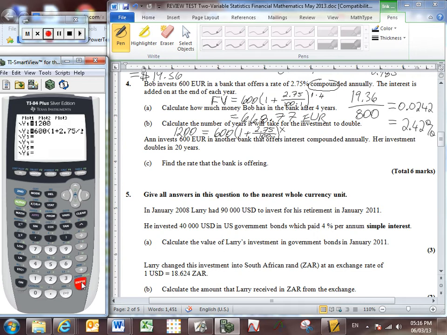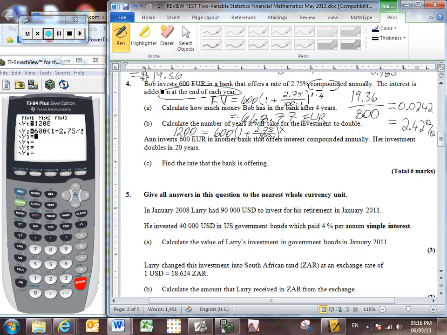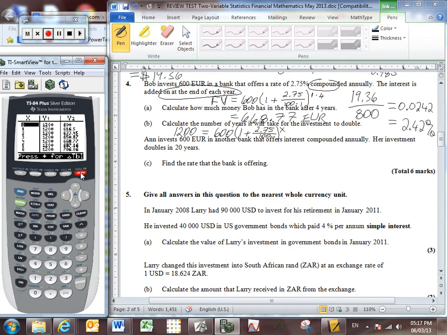Alright, and I'm going to use the table approach because I know that I'm not receiving the money until the end of each year. And so we need to wait until a complete year has passed before we receive each new amount of interest. So if I look at the table, I'll see that Bob's only going to surpass 1200 when he receives the payment at the end of the, almost there, there we go, at the end of the 26th year.